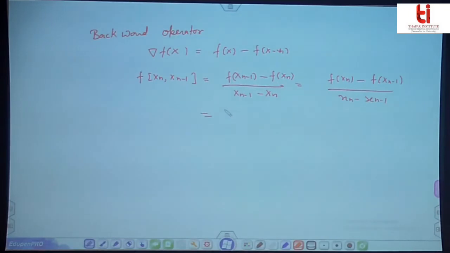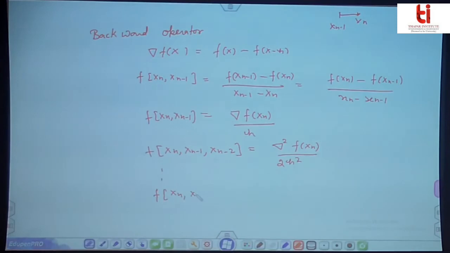This is the xn position, and xn minus 1 is the backward position. So you can write it as del of f(xn) upon h. This is the value of f of xn, xn minus 1. Similarly, f of xn, xn minus 1, xn minus 2 is del square f(xn) upon 2h square. Similarly, f of xn, xn minus 1, up to x0 is del n f(xn) upon factorial n, h raised to power n.